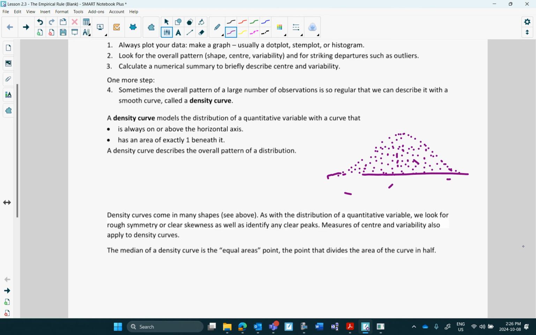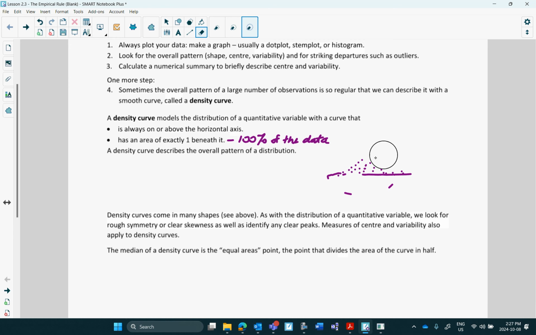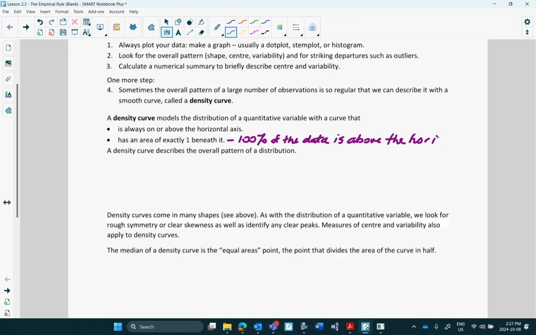What that means is 100% of the data is above the horizontal axis and below the curve of the density curve.